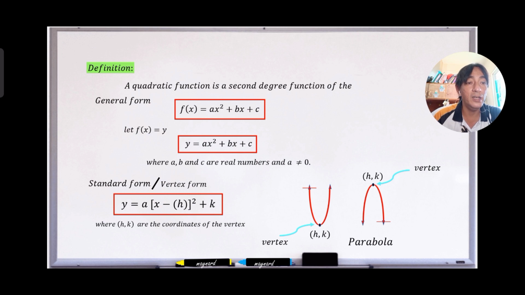Ganun pa rin, coordinates niya, h, k. So, makikita natin yung coordinates ng vertex kapag ang given na quadratic function ay naka-vertex form. Sa general form naman, makikita natin doon yung y-intercept, which is the value of c. Okay, so as we go on with the lesson, malalaman nyo kung ano yung y-intercept and coordinates of the vertex.